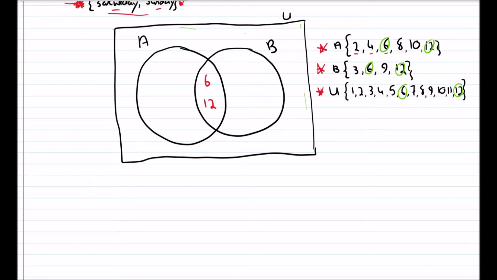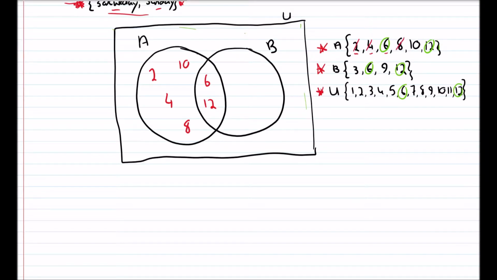Right, let's keep going. Let's look for what's in A. We have 2, 4, 8 and 10. So I can fill in 2, 4, 8, 10.